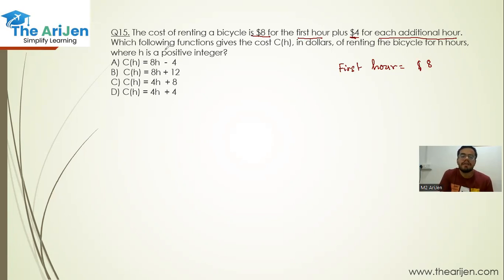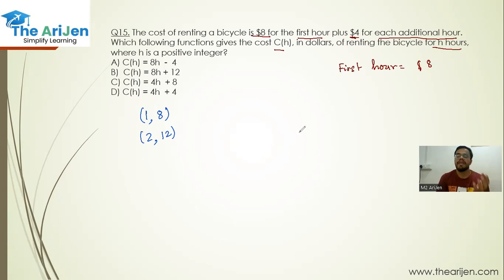Now, the following functions give us cost C(h) in dollars for renting the bicycle for h hours. There are two possibilities for how you can solve this question. First is by making the points. If you are renting only for 1 hour, the cost would be 8. If you're renting for 2 hours, it is 8 plus 4, which is 12. So you can simply check which of the options is giving you that value.